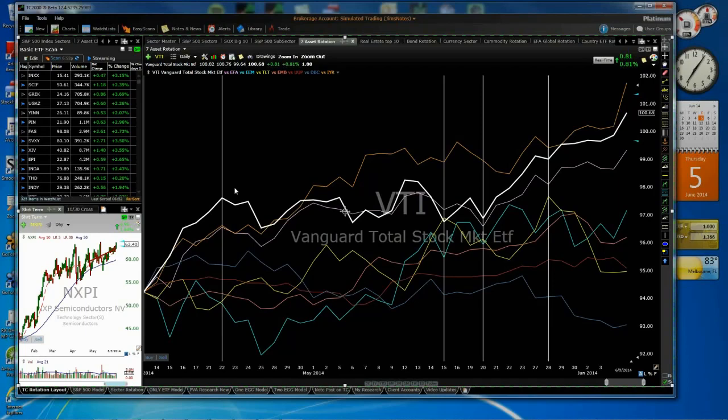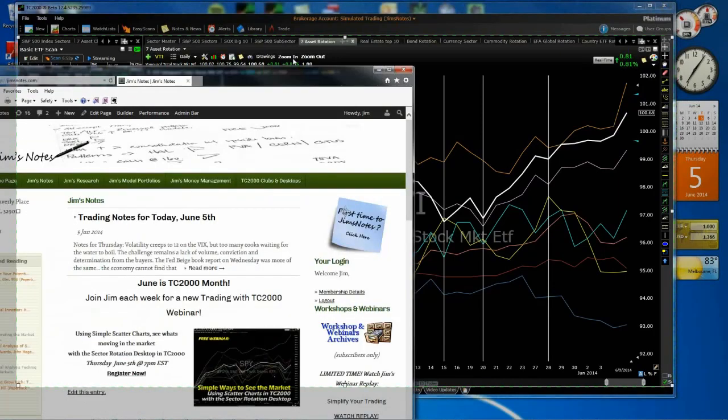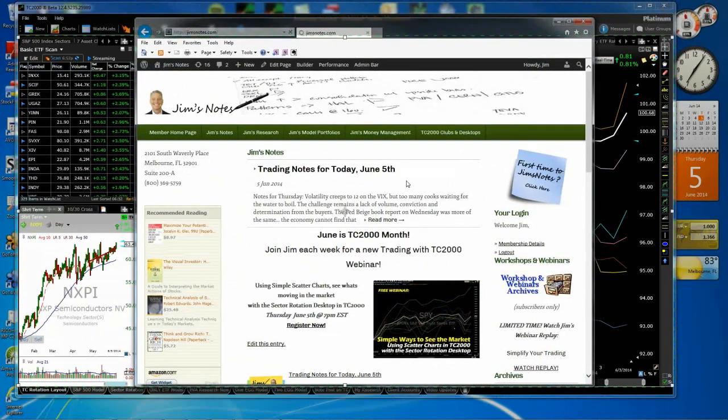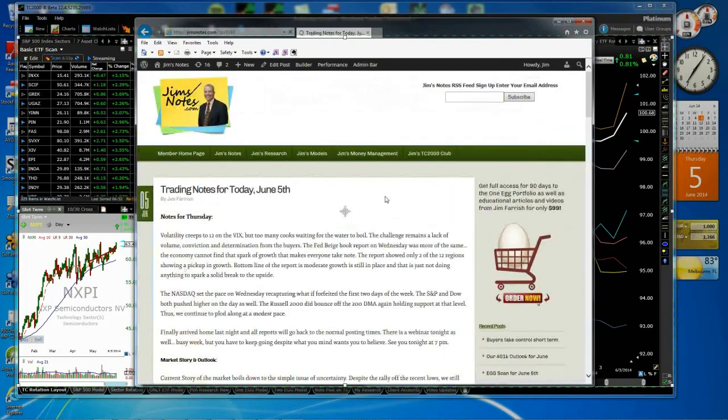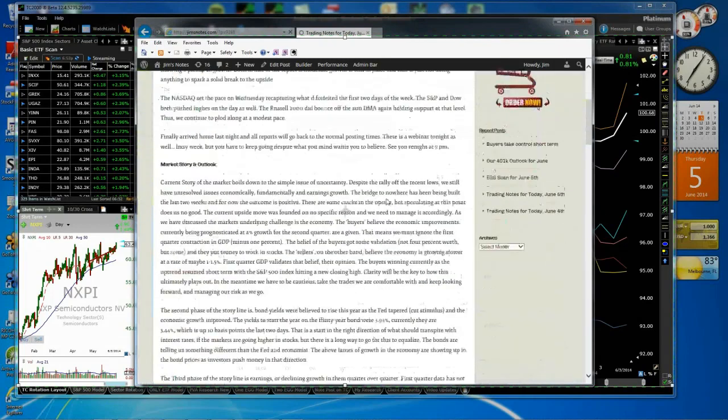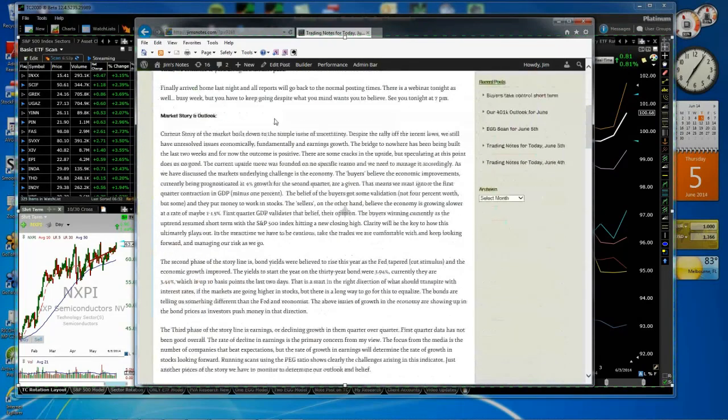And so people will layer on indicators. I would rather layer on what is the story behind the market. And if you looked at the trading notes each morning, just pop over to our trading notes this morning. This is something that I've started to add the last couple of weeks, is if you scroll past the introductory comments, right here in the center, I keep repeating what the story is.